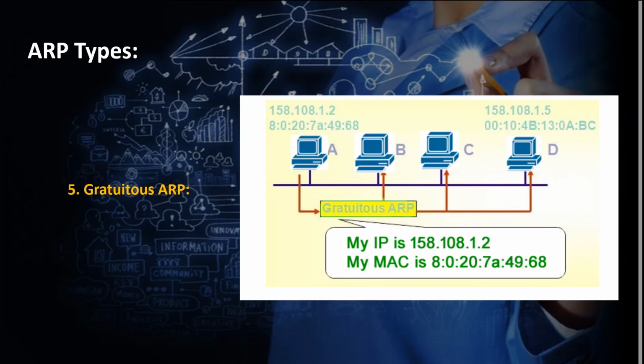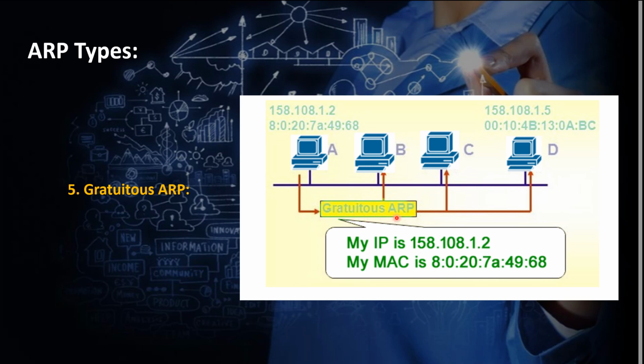The next one is gratuitous ARP. It checks whether any other device has the same IP address.